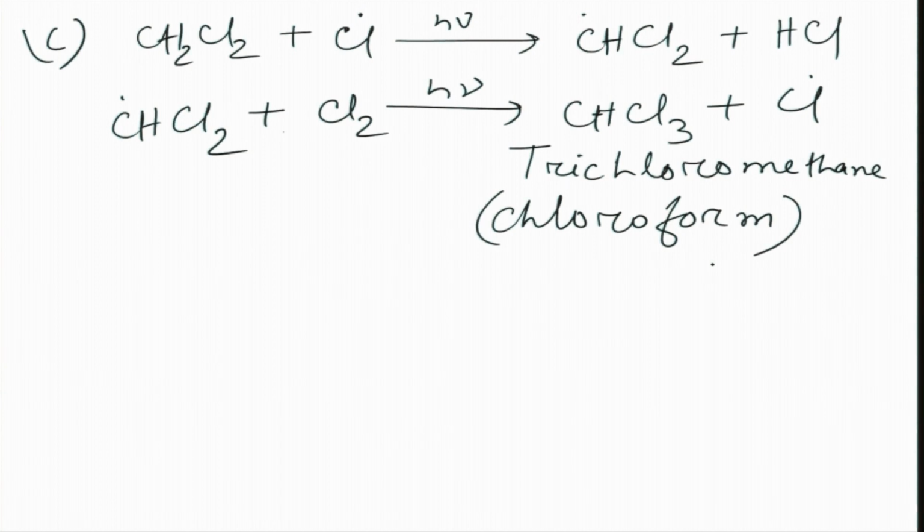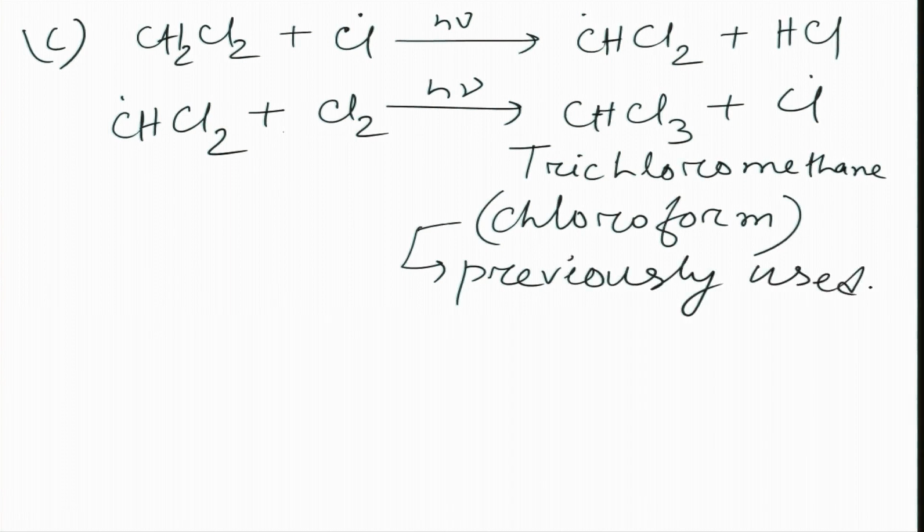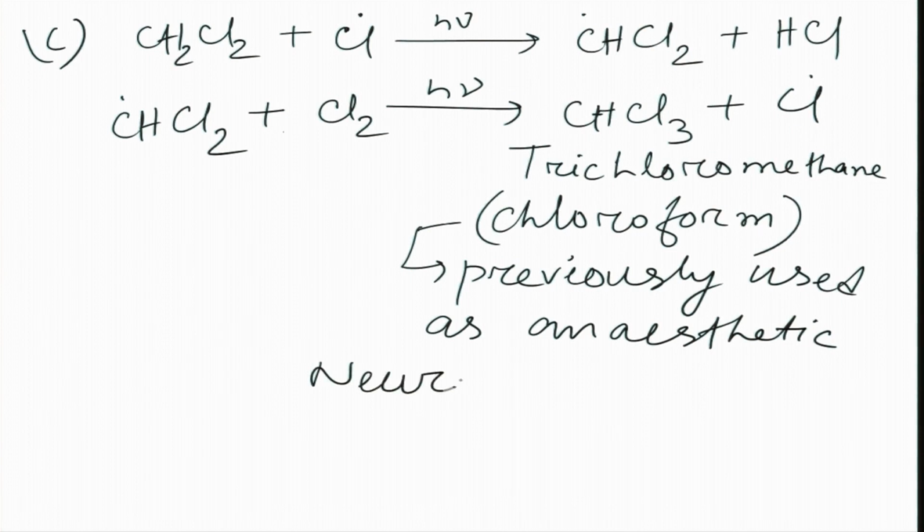Chloroform is a very well known compound, right? It was previously used as anesthetic. That means it was used to make a person unconscious. It was also used in surgeries. But later on it was found that it is a neurotoxin.